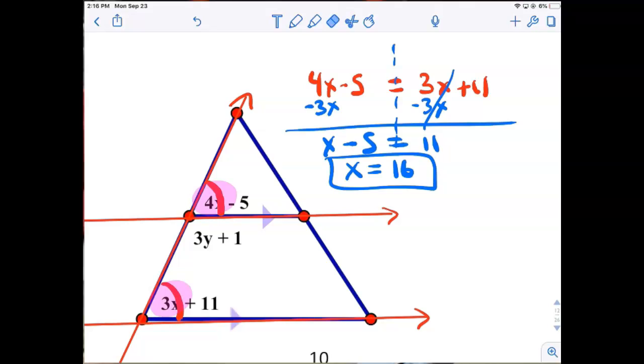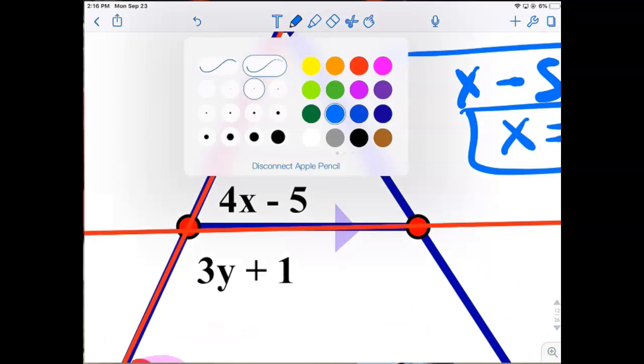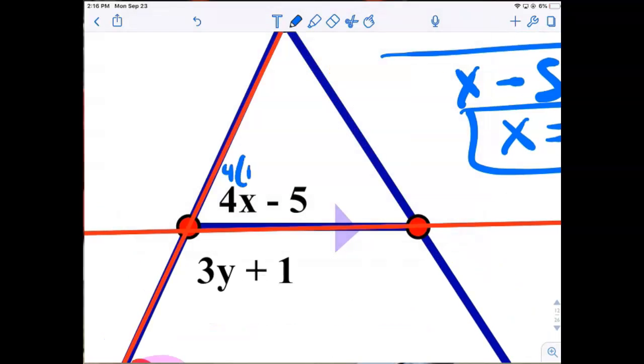Now that I know that x is 16, I'm going to plug it in right here. If x is 16, I can figure out what that angle is. 16 times 4 is 64. 64 minus 5 is 59. If that's 59, these two are supplementary.